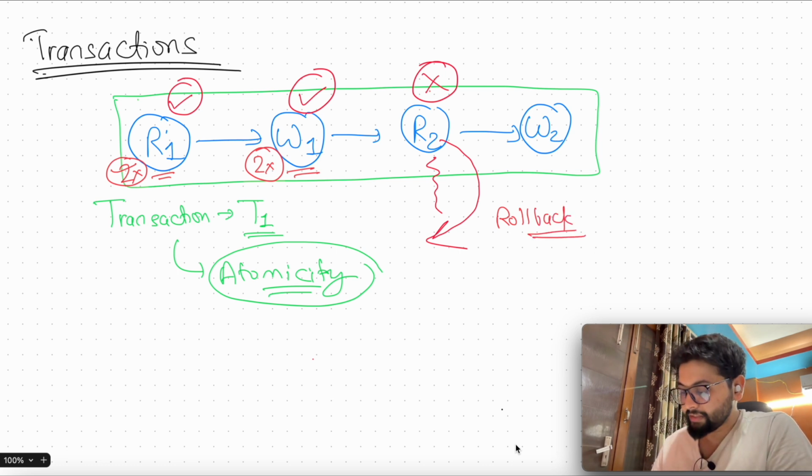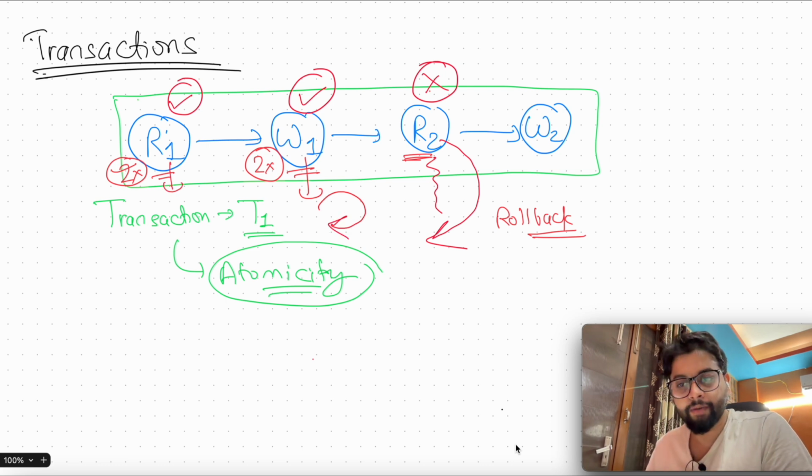By this, it means that all the operations which have executed before this particular R2 read operation will get rolled back. This operation was executed, so it will be rolled back. This one was executed, but it is a read operation, so we don't need to do a rollback here, we don't care much.